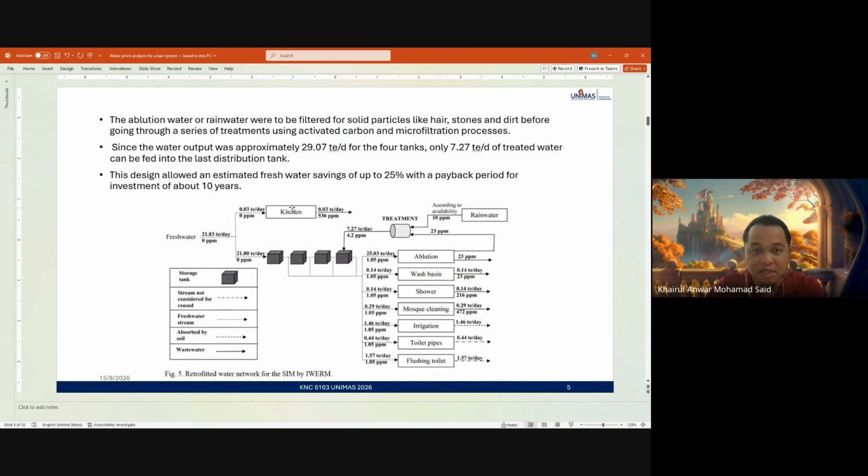From the tap to the kitchen, this is 0 ppm potable water.